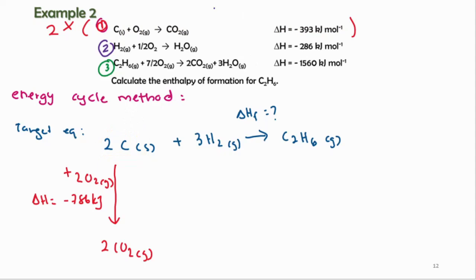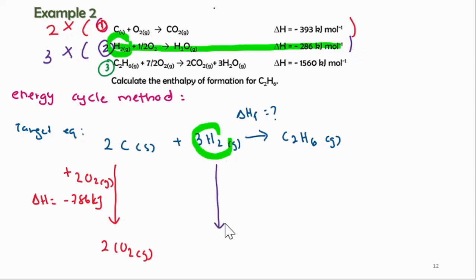The next one, from hydrogen times factor of 3. Okay, tulis di tepi arrow, plus 3 over 2 O2 in gas. And then don't forget the product, 3H2O.